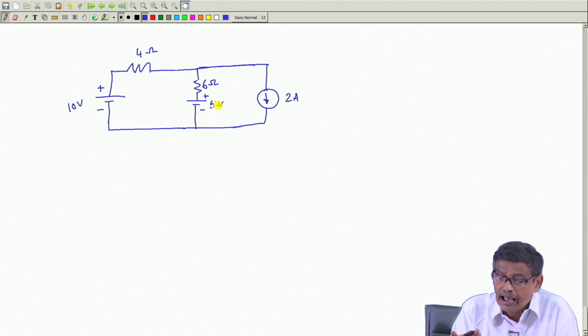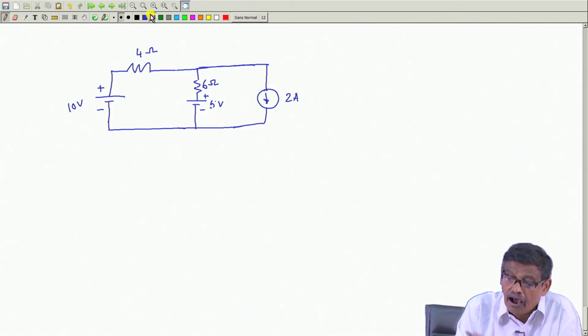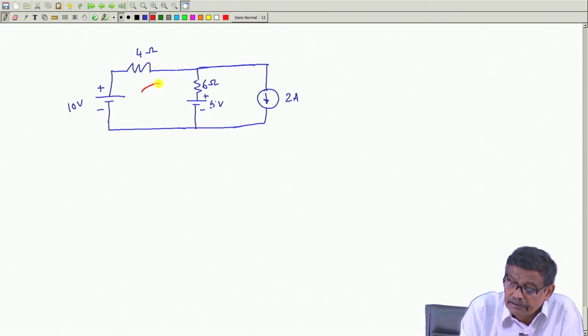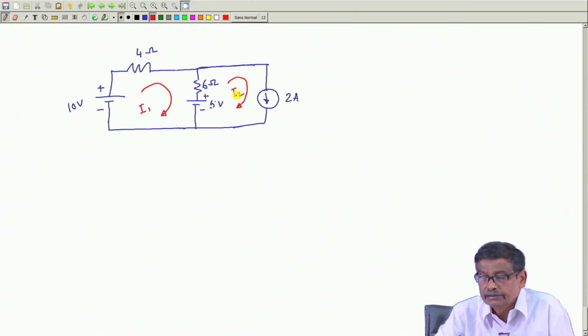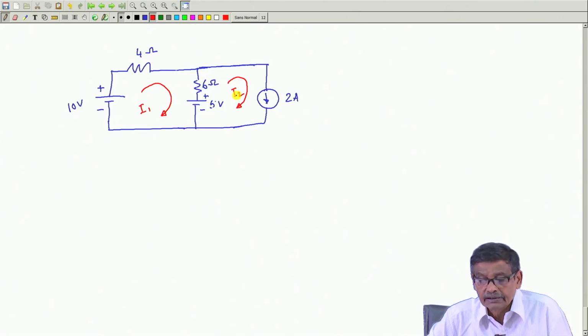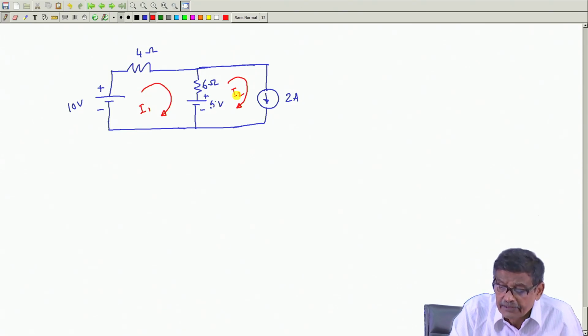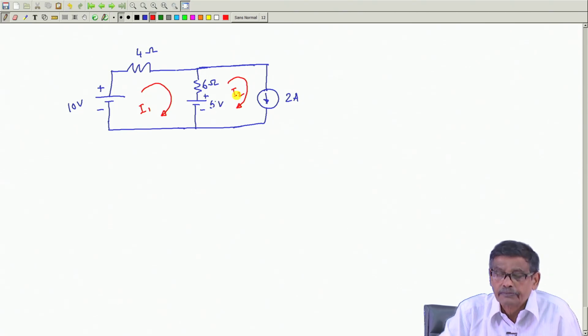I want to solve it by mesh analysis. So, what I have to do is assign mesh currents I 1 and mesh current I 2, 2 meshes are there, and I have to write down KVL in mesh 1 and mesh 2.